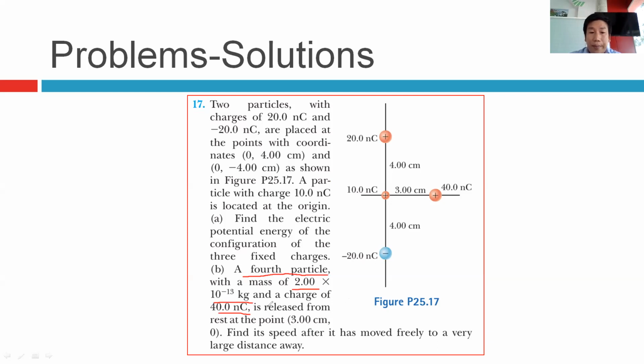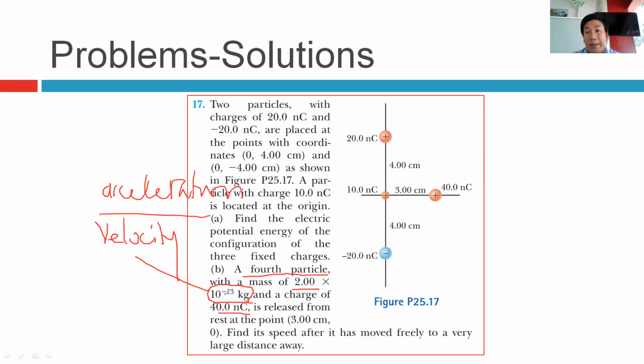Please remember, when they provide you a mass, it may relate to velocity, or it may relate to acceleration. When they give you a mass, it relates to the force and the motion.